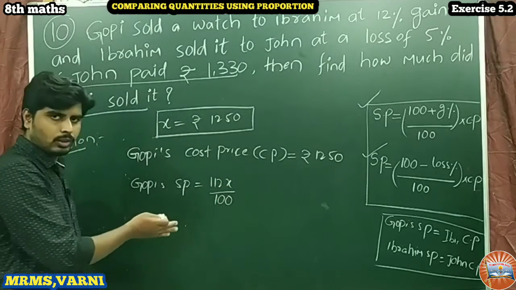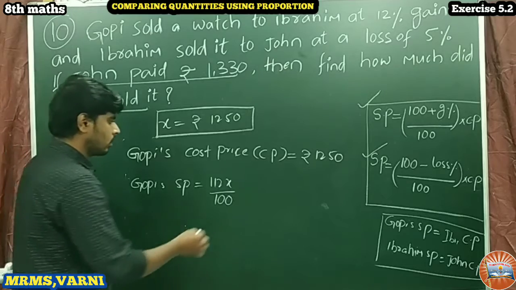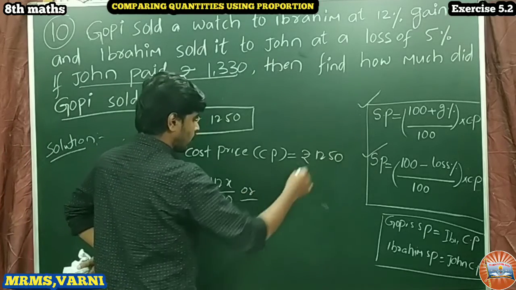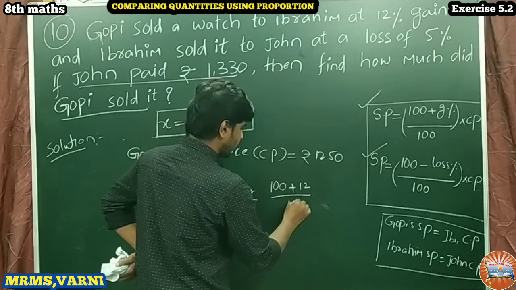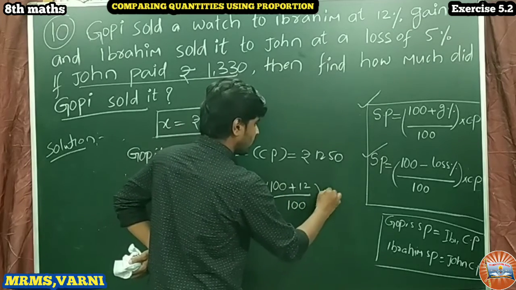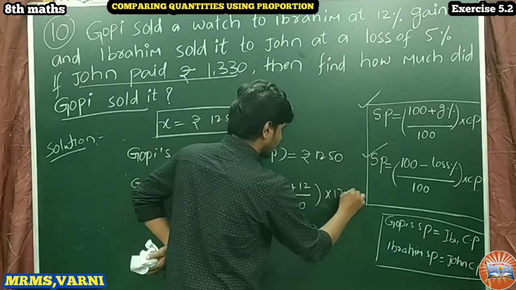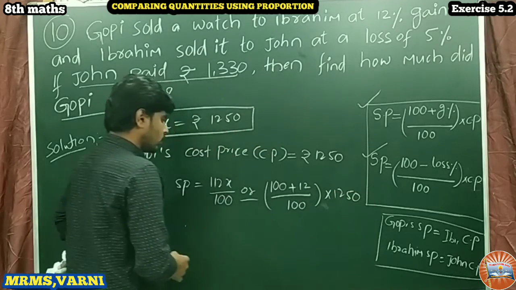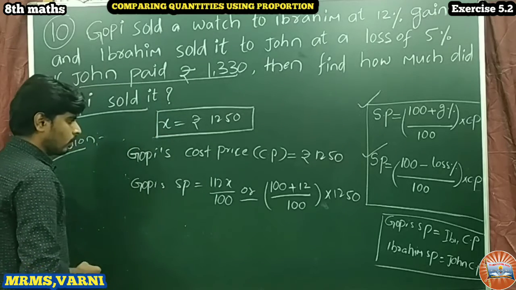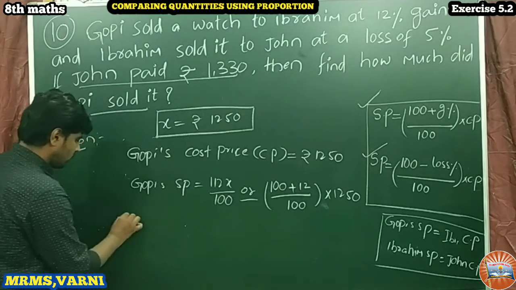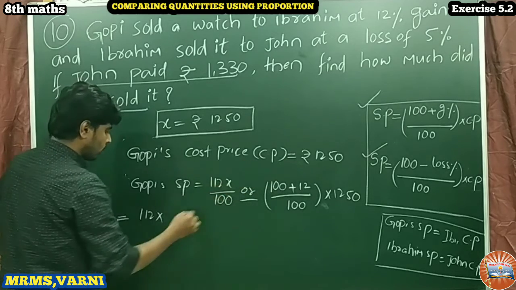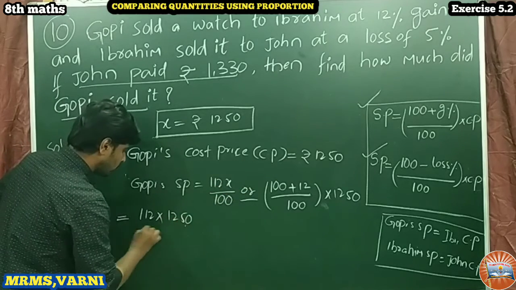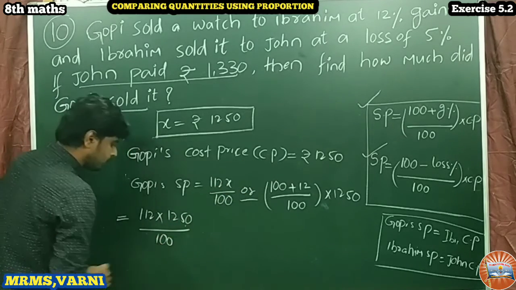In the previous step we found that, or else you can use this formula also, 100 plus 12 by 100 into CP 1250. You can use this also. Okay, so I am writing 112 into the x value, that is nothing but 1250 by 100.